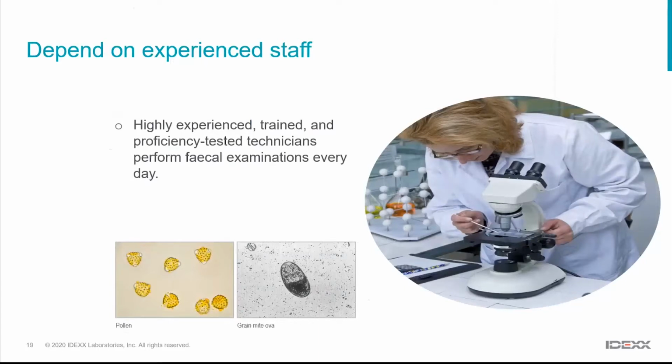Even in some cases, parasites may just be passing through. So, for example, a dog that's gotten into a cat's litter tray may have feline roundworm eggs passing through its gut, but they're just a passenger on the way through. They're not actually causing an infection.